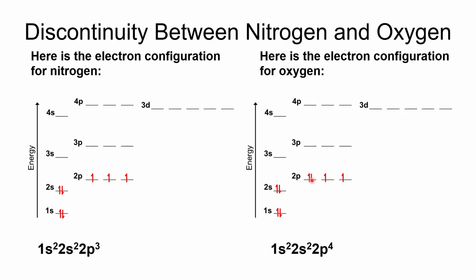And you recall that we seem to have greater stability, lower energy, when we have a halfway filled subshell than when we have a partially filled subshell. So this explains why oxygen has a little bit lower ionization energy than nitrogen.